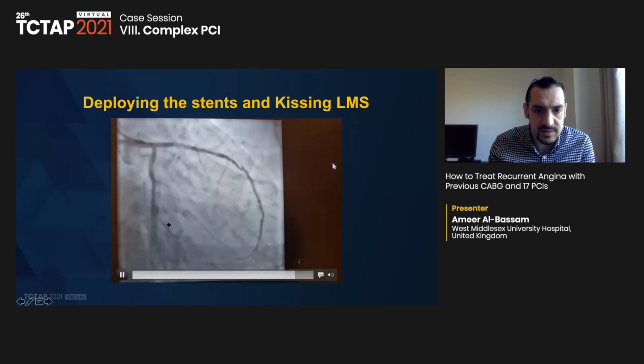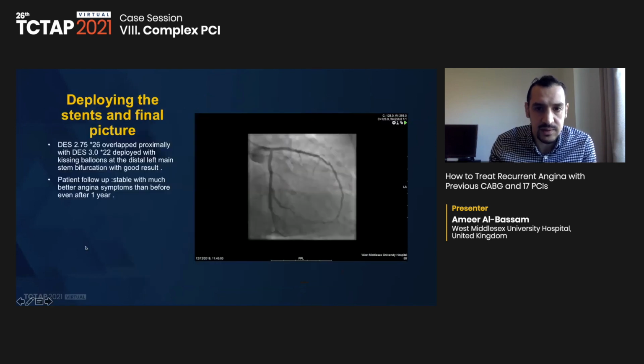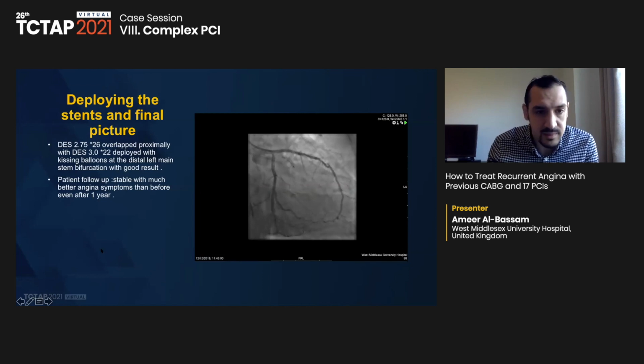And that's the previous stent of the SVG here, the insertion point. So, I mean, we followed this patient even after 1 year, and he was very well, and he doesn't have any angina. So we're quite pleased with that.